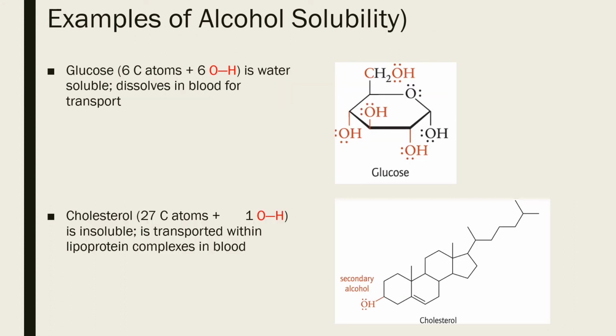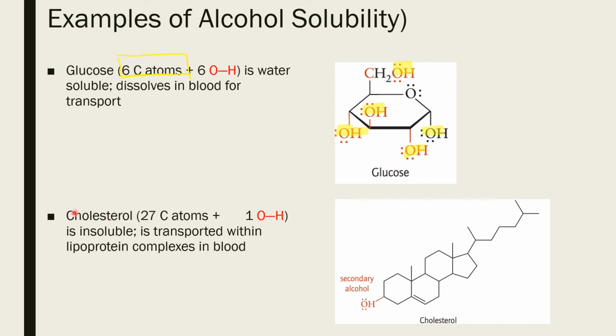The solubility of alcohol is also greatly affected by the number of hydroxyl groups. For example, glucose contains multiple hydroxyl groups. Although it does contain a significantly large number of carbon atoms, 6 carbon atoms to be exact, the number of hydroxyl groups is high enough, therefore glucose is highly soluble in water.